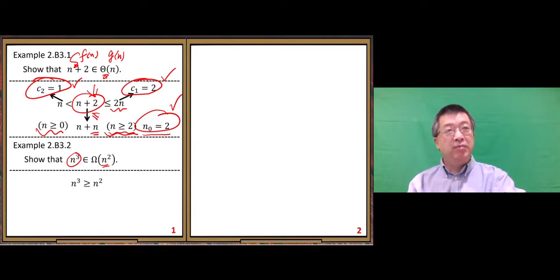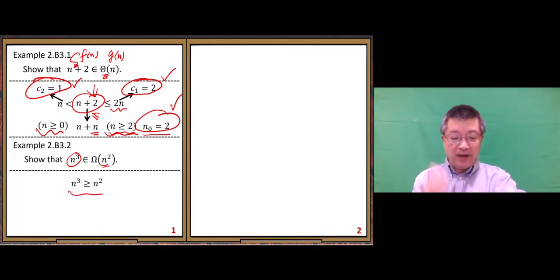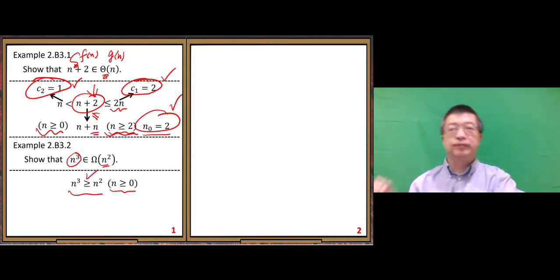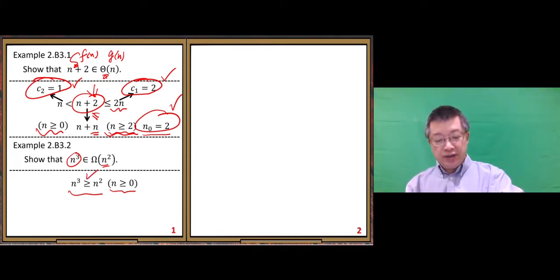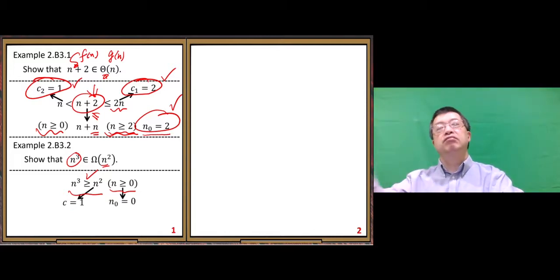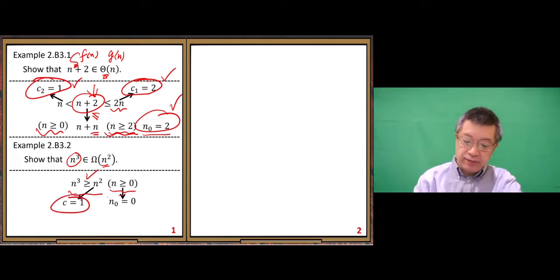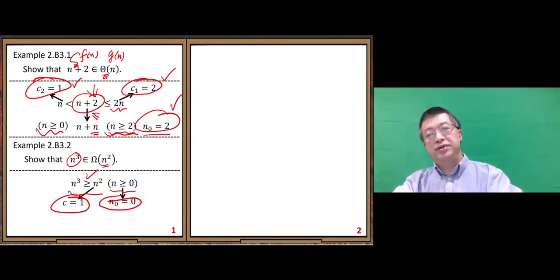But you need to tell me that when n is greater or equal to 0, this inequality is true. So you can give me c equals 1 and n0 equals 0. For this case, you need to give me these two numbers.